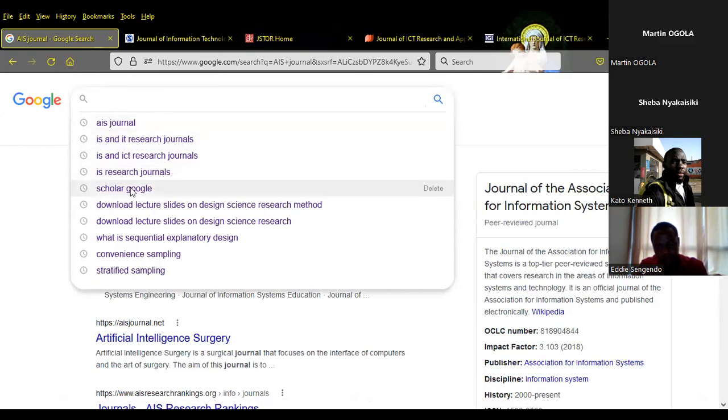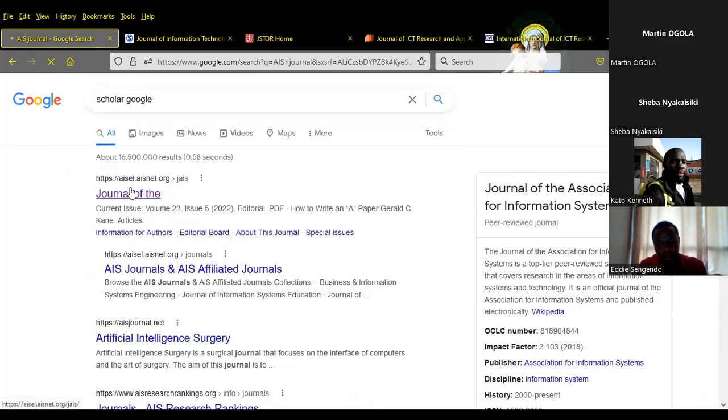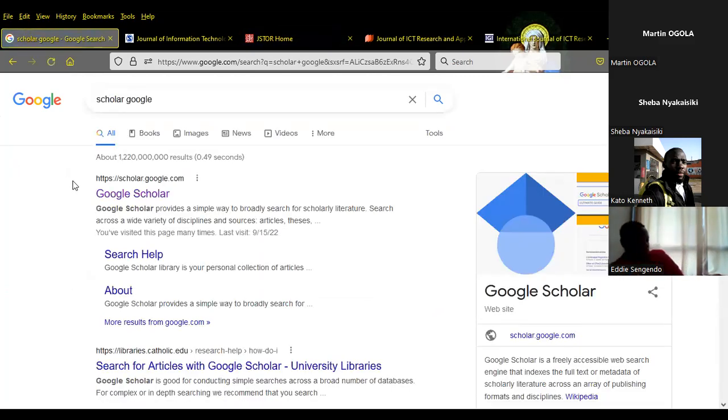There was a session run by the librarian, and we were guided on a number of databases that speak directly to ICT and IS. So maybe that could also be a source that as a class we also consider.